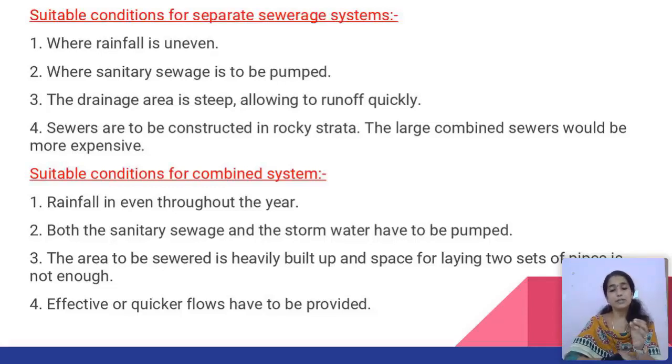If sanitary sewage is to be pumped, then also we can accept this separate system, and where the drainage area is steep, allowing runoff quickly. If the runoff water reaches the river within a certain time, due to the slope of the catchment area, then we can accept this separate system.